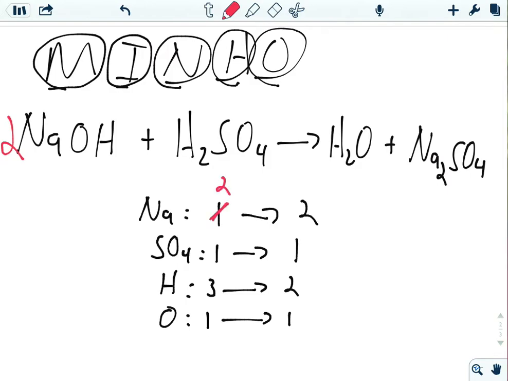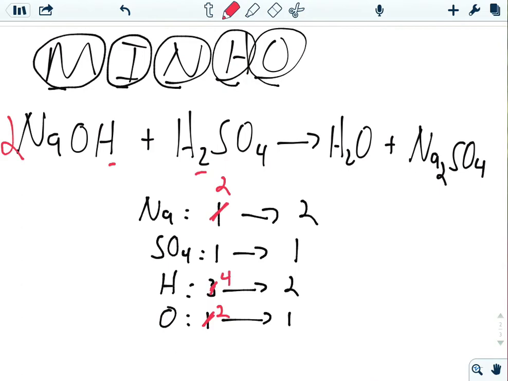So I have a 2, 2. It also changed my oxygen and my hydrogen. My oxygen, I now have 2, because this distributes out. So I have 2 hydrogens plus 2 hydrogens, which now is 4.